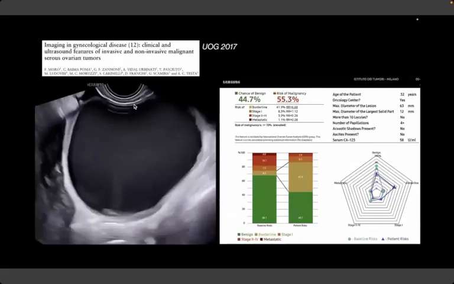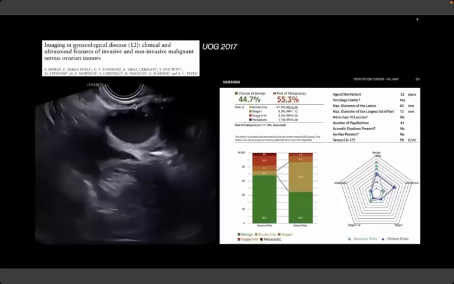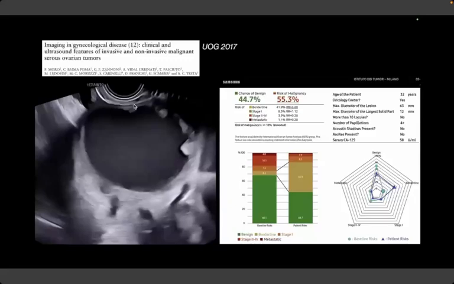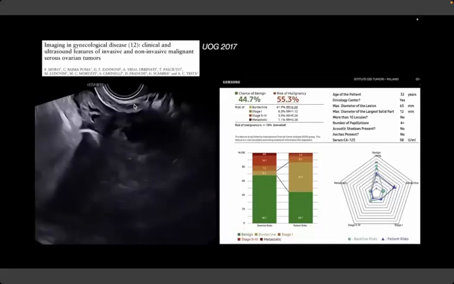We tried to apply the ADNEX model by entering the required information, and as we can see, the risk of malignancy is significant, with the highest relative risk being for borderline ovarian tumor, a relative risk of 6.68. In this case too, the papillae show an irregular shape and they are vascularized.